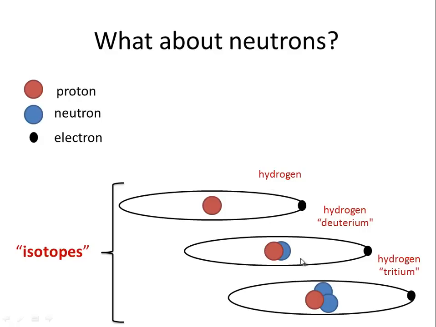Then you have hydrogen where there's 1 proton and 1 neutron, called deuterium. And then you have a third isotope, which is very, very rare, with 2 neutrons, called tritium. These 3 types of hydrogen atoms are all called isotopes. So that's an important term that you need to know.